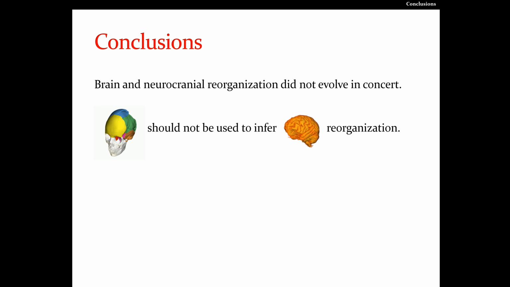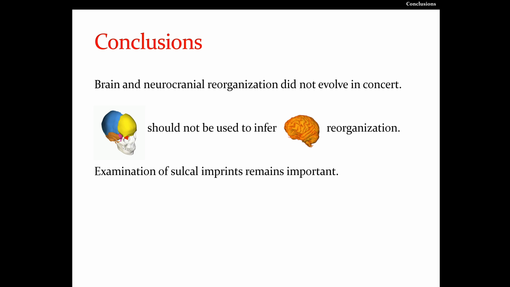A logical and practical implication of all this is that the overall shape, relative size, and position of the neurocranial bones should not be used to infer anything about the organization of the brain. Also, another important implication of all this is that the examination of so-called imprints remains really important.